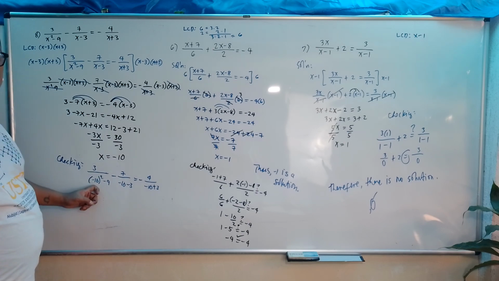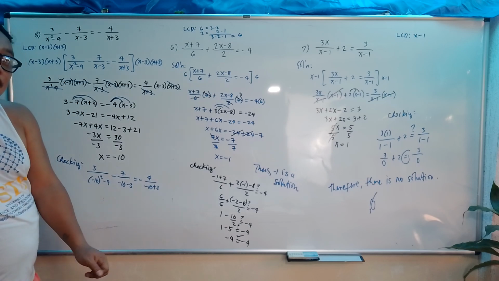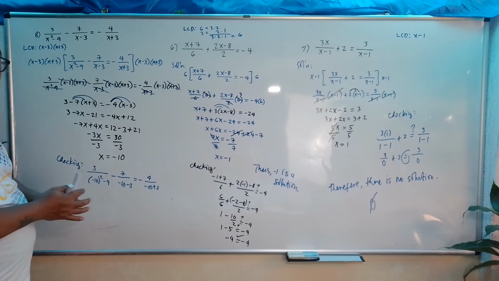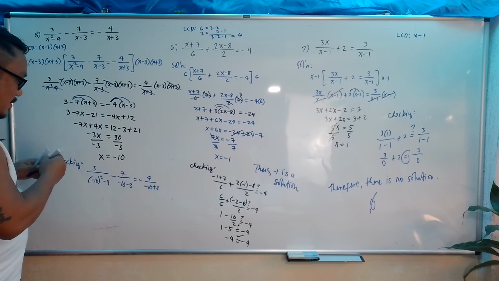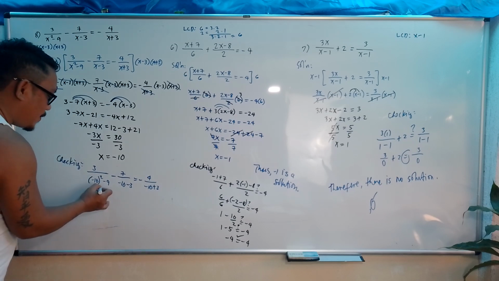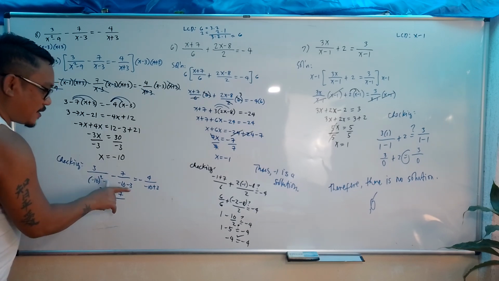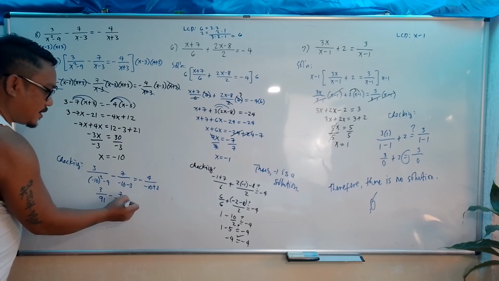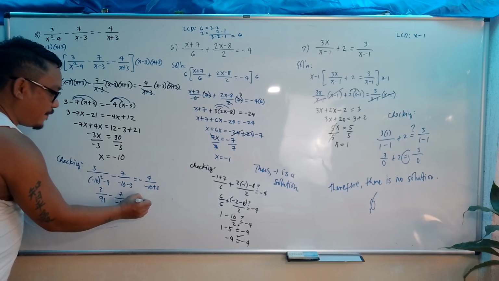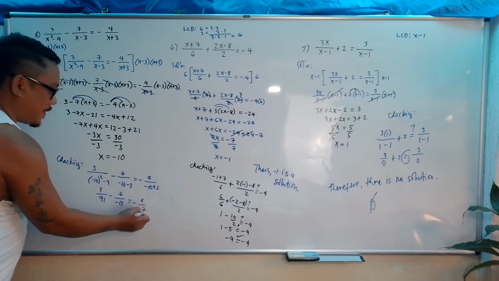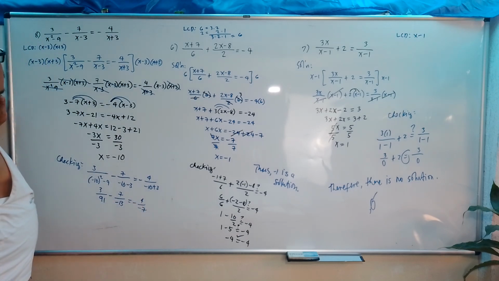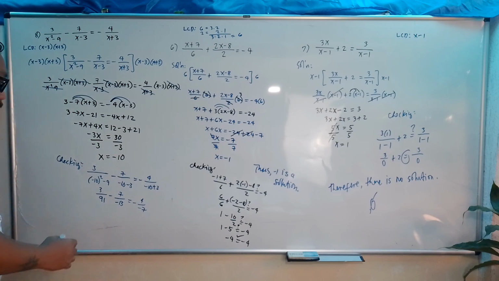What is 10 squared? That is 100, no? 10 times 10 is 100. 100 minus 9 is 91, no? So you have here 3 over 91 minus 7 over negative 10 minus 3 is negative 13, is equal to negative 4 over negative 7. Okay. So, padayon ta, what is 3 over 91?